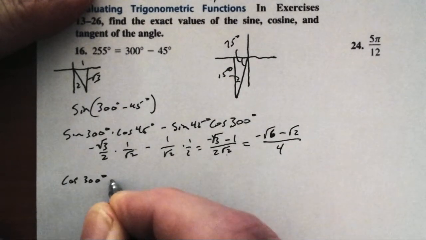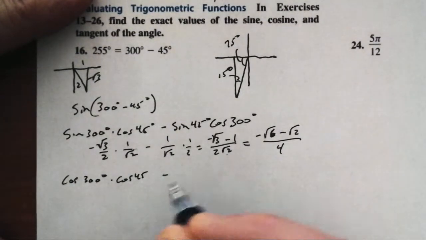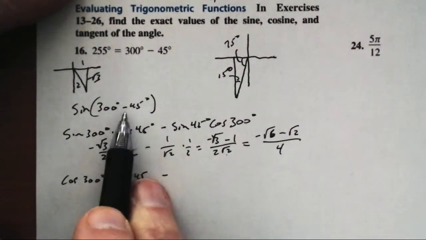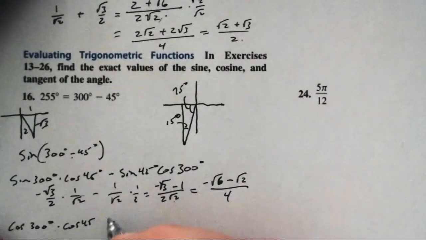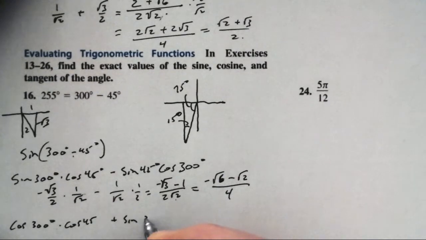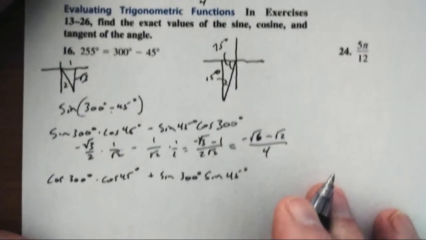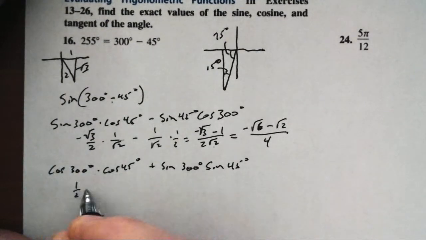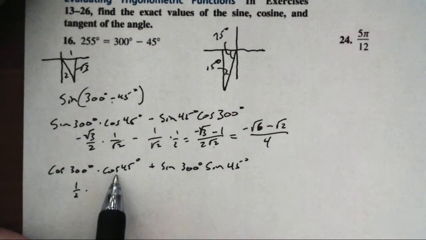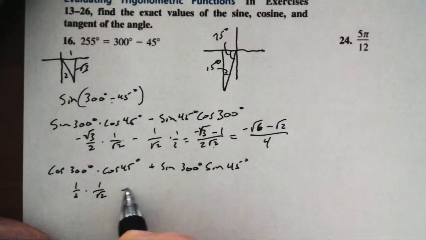Cosine of 300 degrees times cosine 45 degrees minus, wait, it was a minus here. Cosine of a minus is cosine, cosine plus sine, sine. So plus sine 300 degrees, sine 45 degrees. So cosine of 300, x on r, 1 on 2, times cosine 45, that is 1 on square root of 2, we did it above.